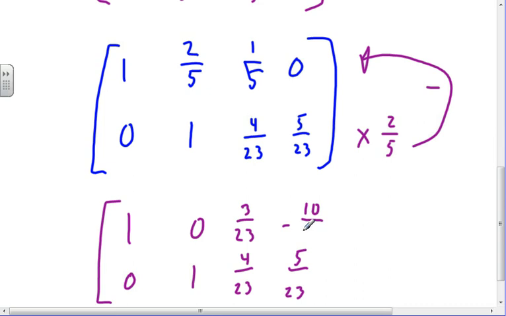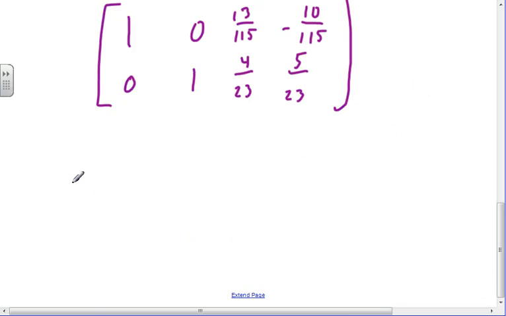Did I do that right? I'm going to do that one more time because I put in the wrong number. 1/5 minus 10/115. That's better. So this is 13/115.